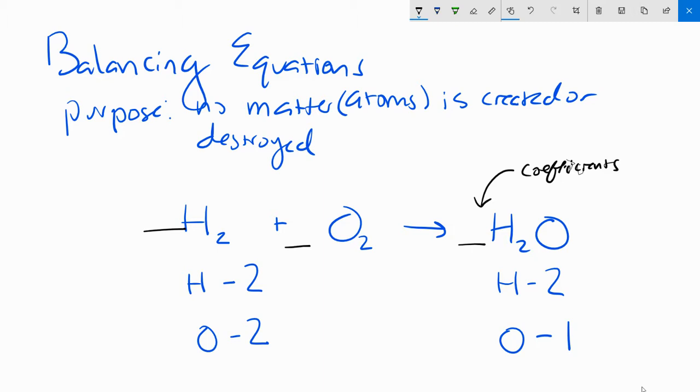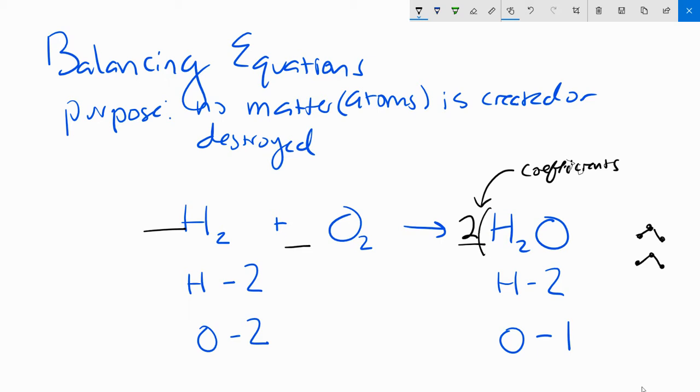So if I put a 2 here in front of H2O, that means I started with 1 water molecule, but now I'm getting a second water molecule. Okay, that 2 means I have 2 of those molecules. But when I do that, I have to account for how that changes the number of atoms I have for the entire molecule.